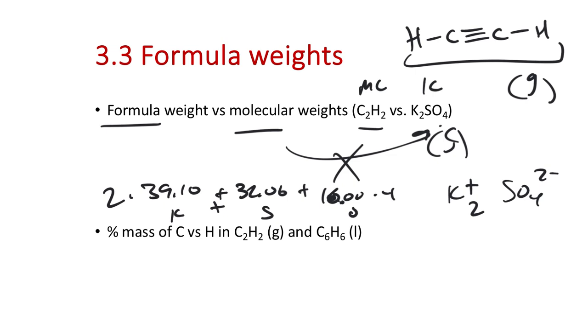So 2 times 39.1 plus 32.06 plus 16.00 times 4 is 174.26. And again, it'd be AMU or grams per mole: AMU for one of those units, or the grams per mole for the molar mass.